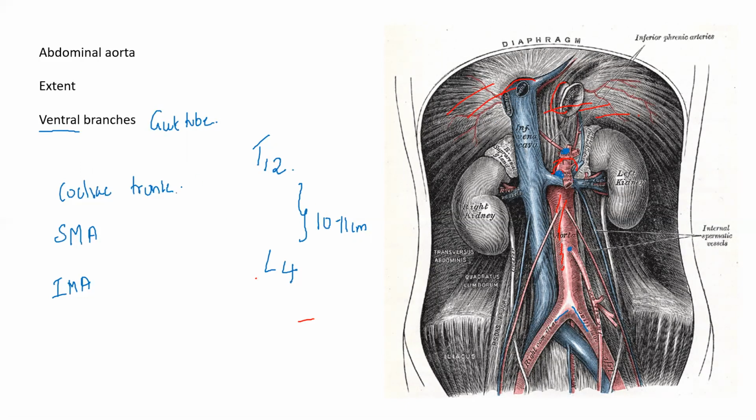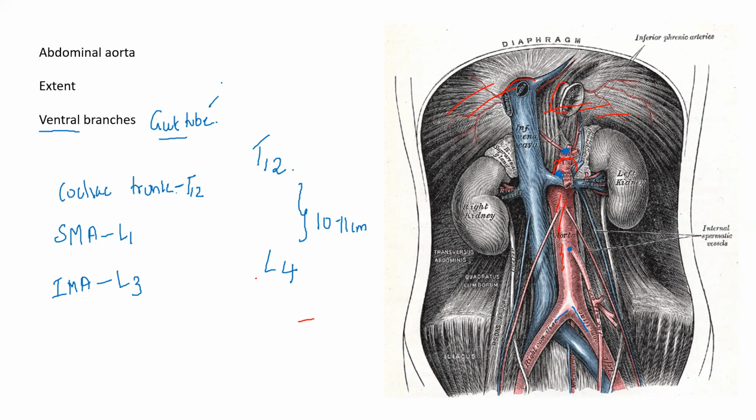The origin of the celiac trunk corresponds to lower border of T12. The origin of superior mesenteric artery corresponds to L1 vertebral level, inferior mesenteric artery L3 vertebral level. So these three ventral branches, as I told you, they're going to supply the gut tube.